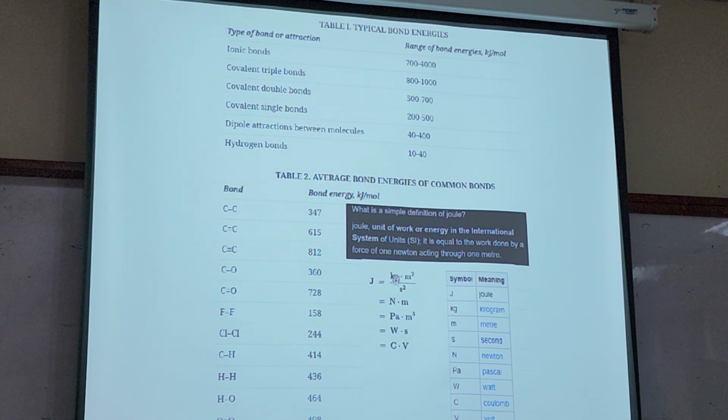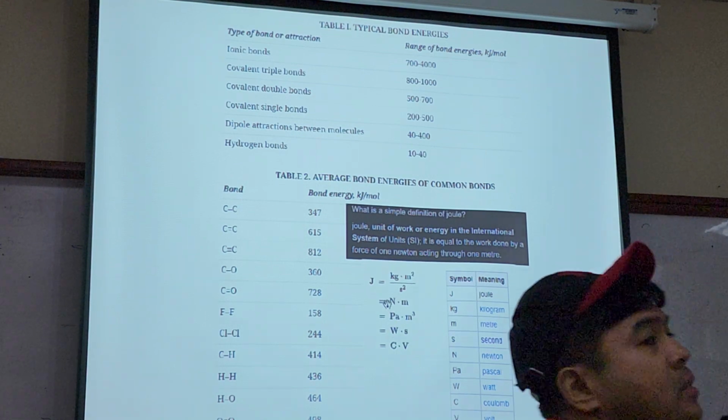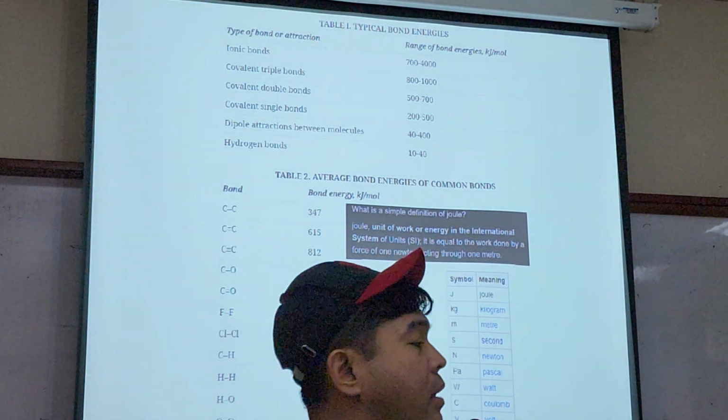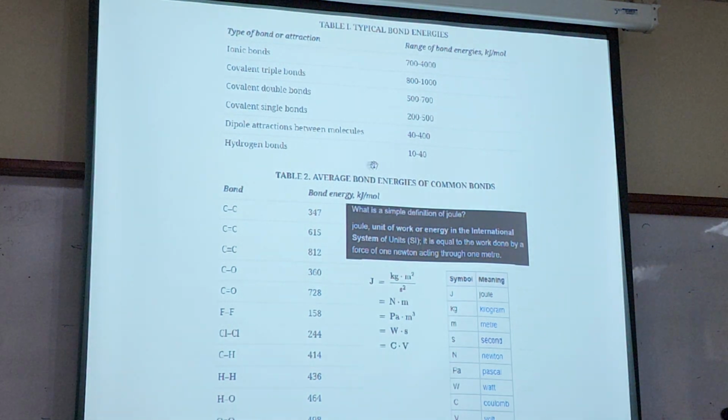Joule per mole. Okay, or joule. I'm not going to go into much of this. Just enough to tell you, joule can be expressed in many ways. One of them is joule per mole, to tell about the bond energy.